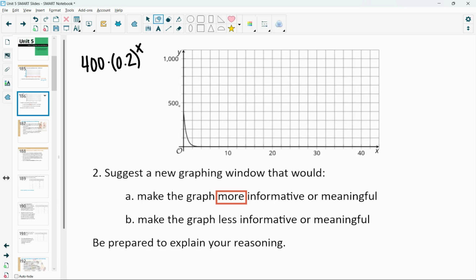And so you can just really kind of look at this graph and try and figure out a new window. You could also use some of the information here. So for instance, we know that this is the initial value and we see that it's decreasing. So we don't really need anything that high over 400. So maybe we just cut it at like 450.